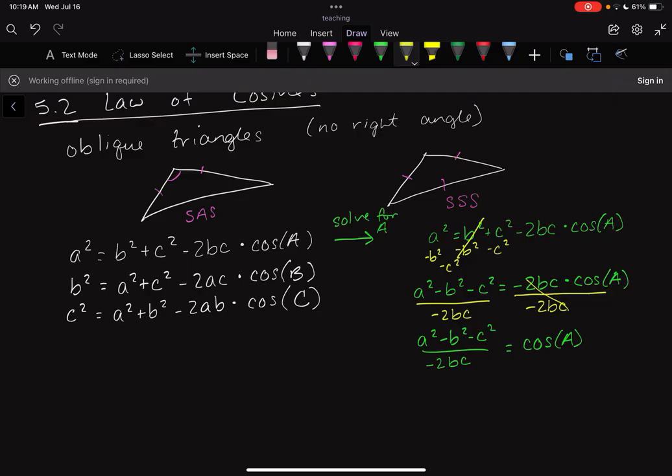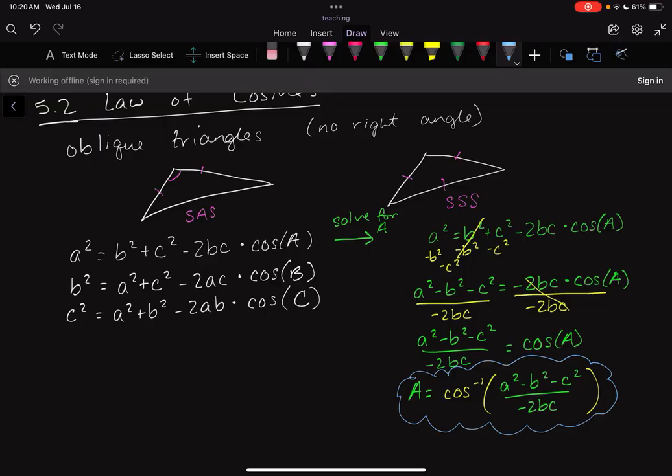So A equals cosine inverse of that whole other side: a squared minus b squared minus c squared over negative 2bc. So this is that formula solved for angle A.